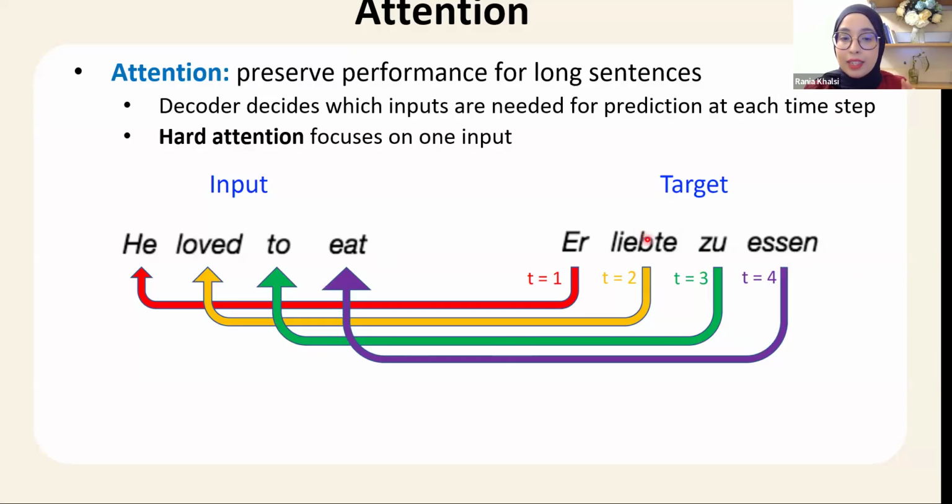So the idea is simply that we are treating this sequence such that at each time step there is a focus on a token from the input.